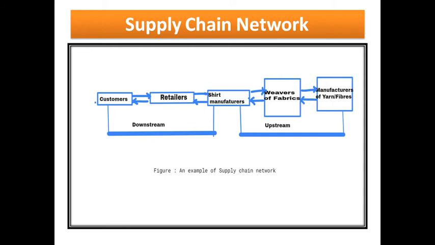If there is any requirement of packaging or branding, that will be done by the retailer, and after that the product will be delivered to the point of customer. So from shirt manufacturers, the linkage with retailer and customer is called downstream. Both downstream and upstream together constitute the supply chain.